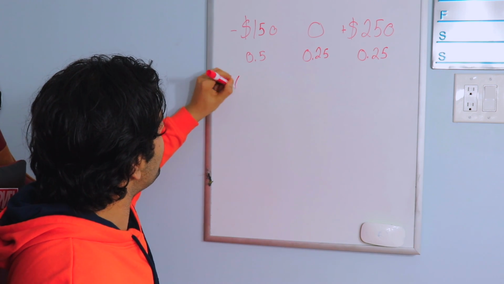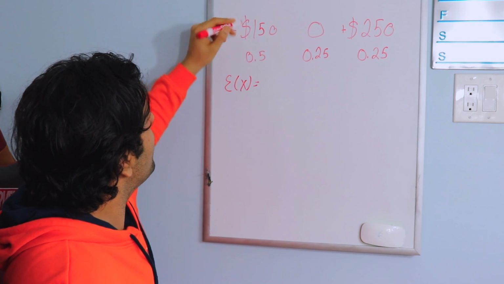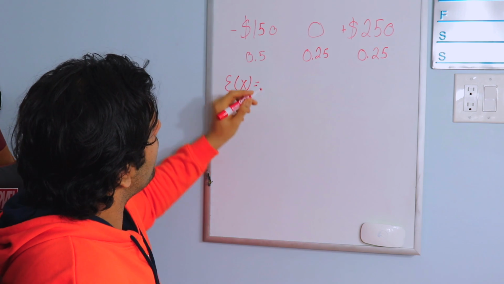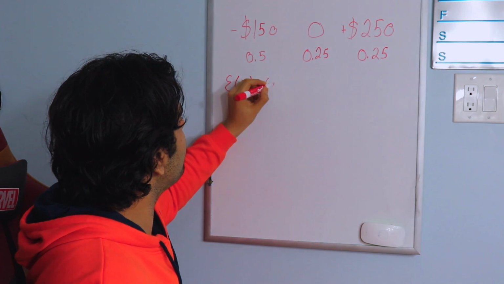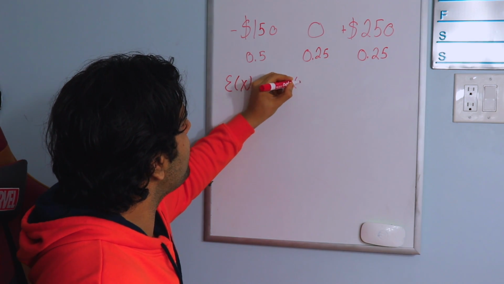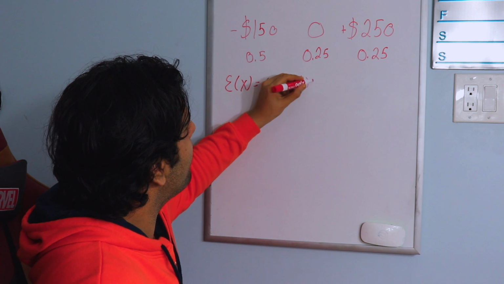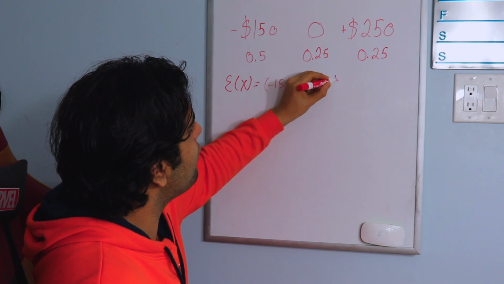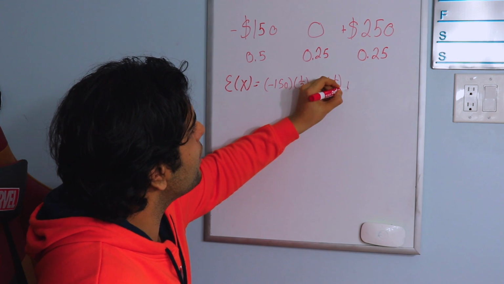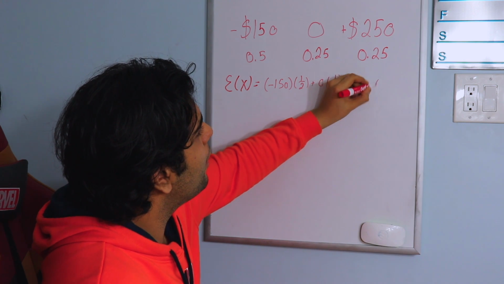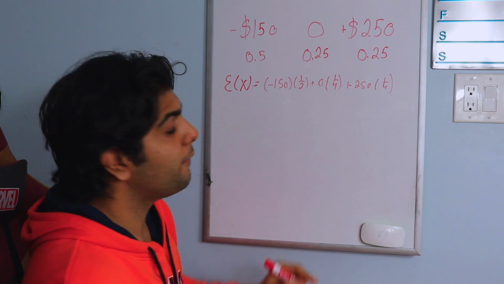So the expected value of this would just be negative 150 times 50%, which is just a half, plus 0 times 25%, plus 250 times 1/4.